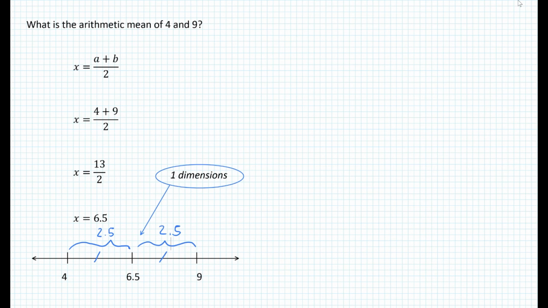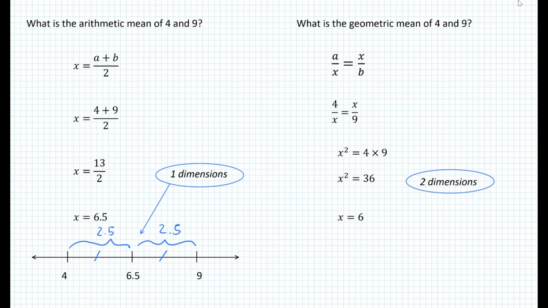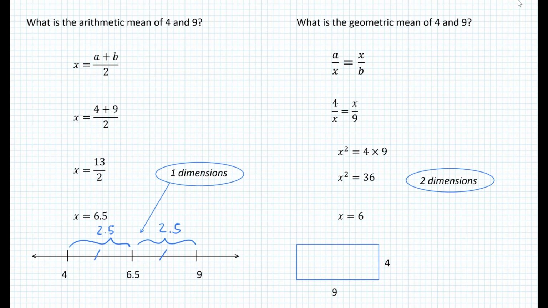How about the geometric mean? The geometric mean between two numbers, you end up with a square. For example, if we look at x squared is equal to 36 here, what comes to mind? Well, we can think of an actual square. So let's say we have a rectangle where the dimensions are 4 and 9, as shown in the figure. Basically, these are the two numbers a and b, the 4 and the 9.